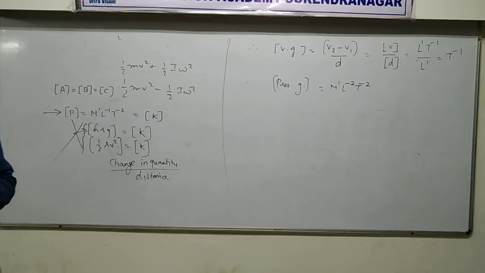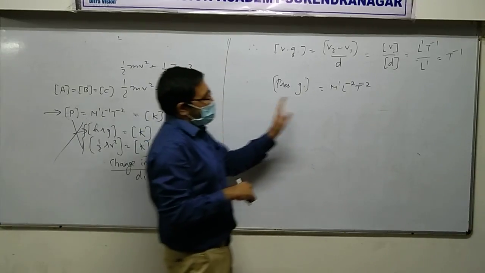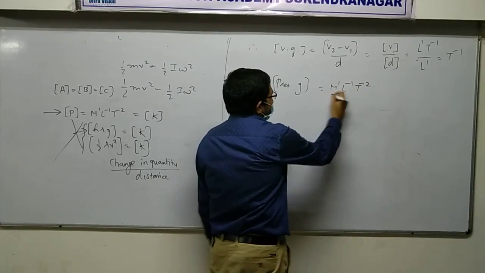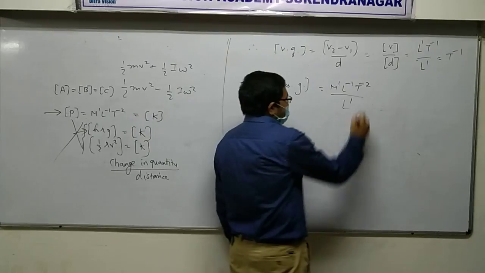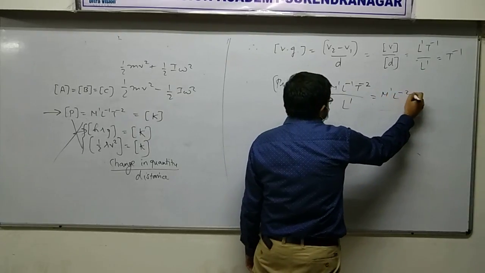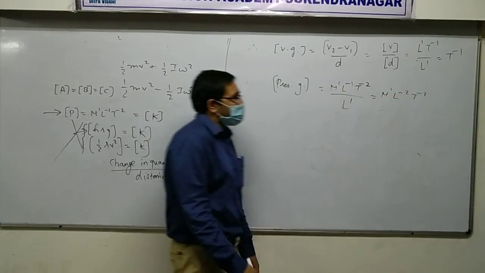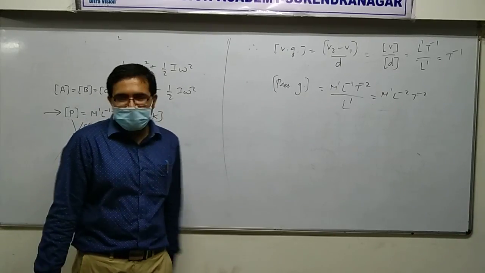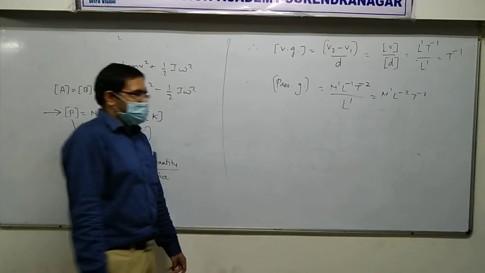Yes, that is correct. Pressure on its own has this dimension formula. And then divided by distance means L raised to 1. So it will become M raised to 1, L raised to minus 2, T raised to minus 2. Clear? Does it match? No. Now there are two more remaining.